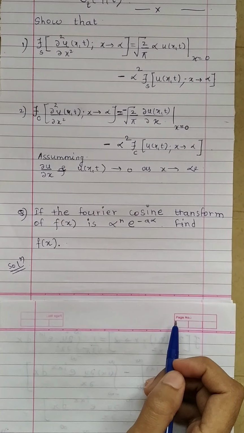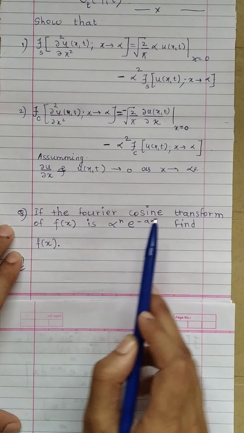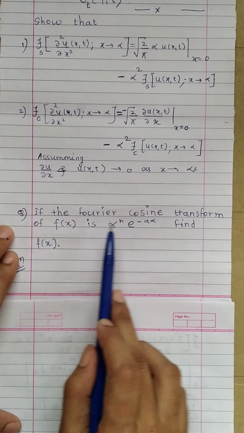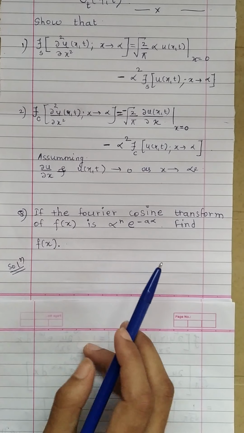Let us look at one more problem. If the Fourier cosine transform of the function f of x is given by this, then find f of x.